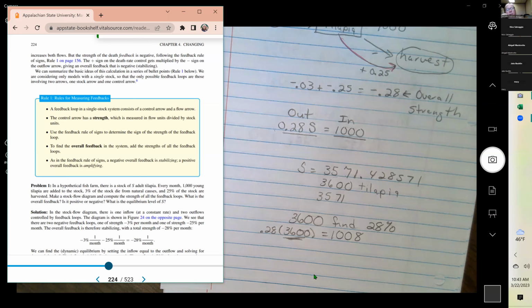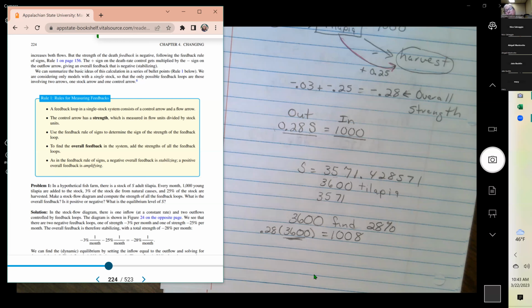Right. So whenever we did the division, we were doing the division to find out if it were to be at an equilibrium, they have to be equal.